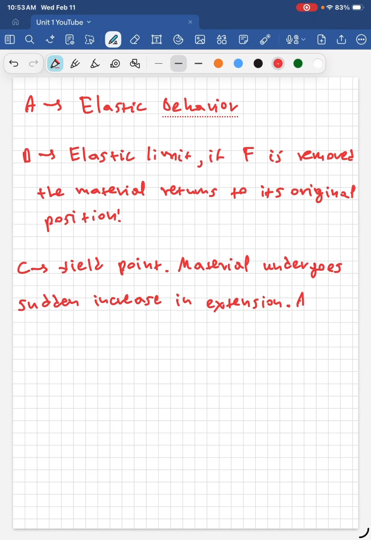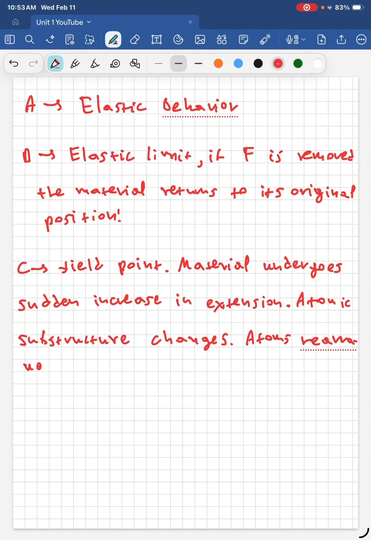The atomic substructure changes, so atoms rearrange internally and move to new positions.